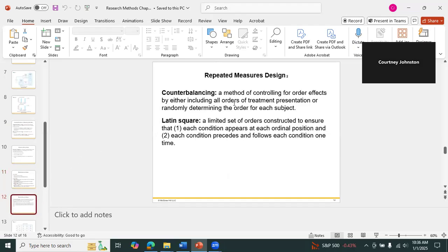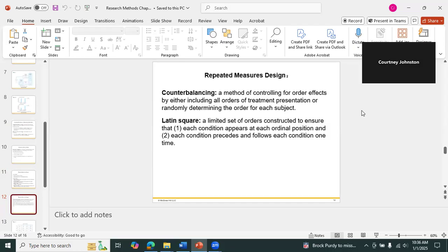Also, there's counterbalancing. This is a method of controlling for order effects by either including all orders of treatment presentation or randomly determining the order for each subject. Again, that randomization decreases the bias. But then, going back to that example, you might have participants have the placebo first, then the antidepressant, but then you also expose them to having the antidepressant first and then the placebo.